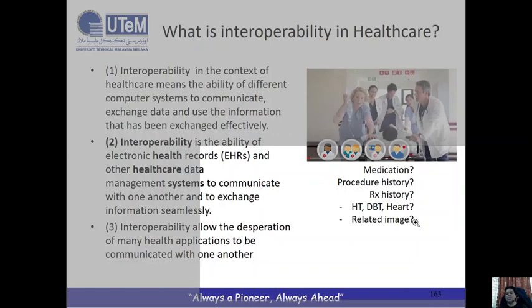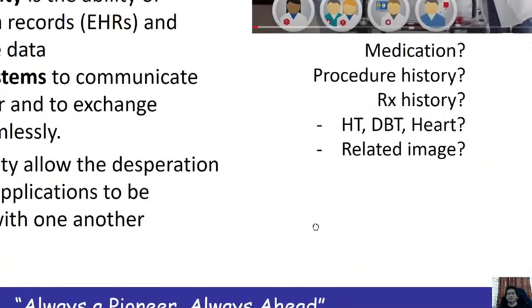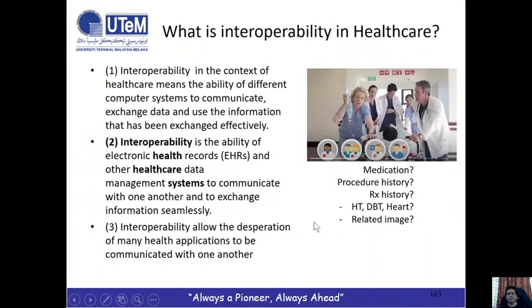So you can see that there are many services involved to provide a good service to the patient. So that's why if the hospital manages one patient, there are many services required to make sure that patient gets good service.